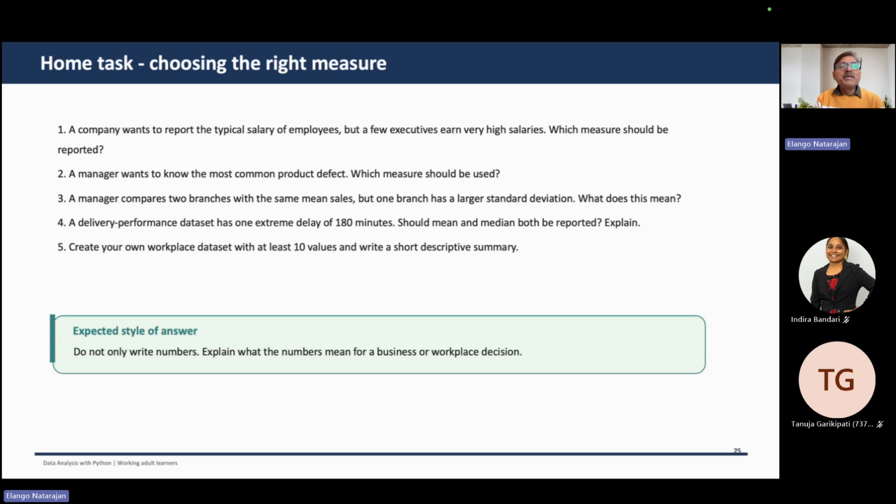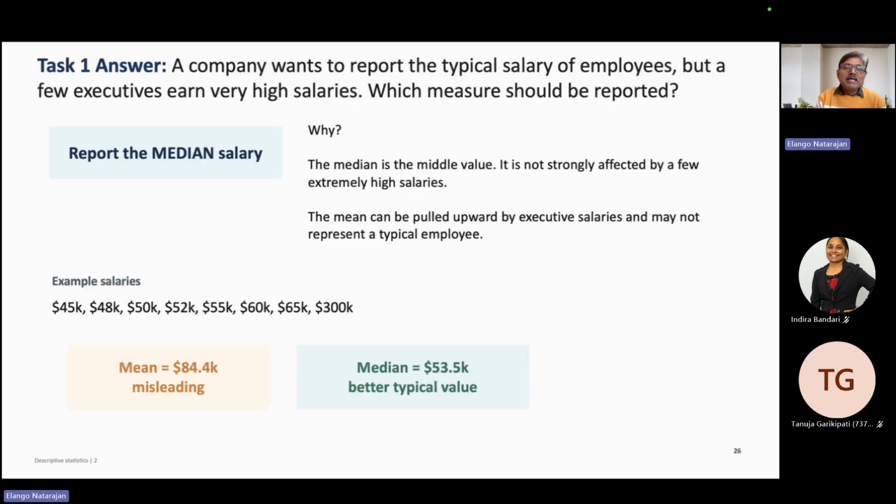So it is better to use the median, because the median is the mid value. It is not strongly affected by a few extreme high values. Mean can be pulled upward by executive salaries and may not represent the typical salary of employees.